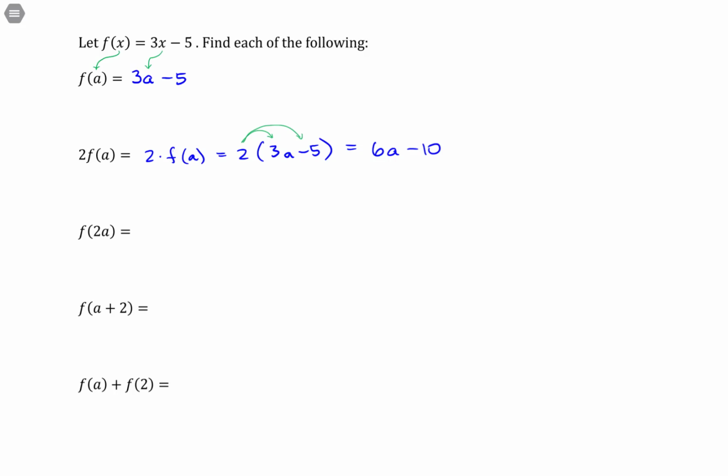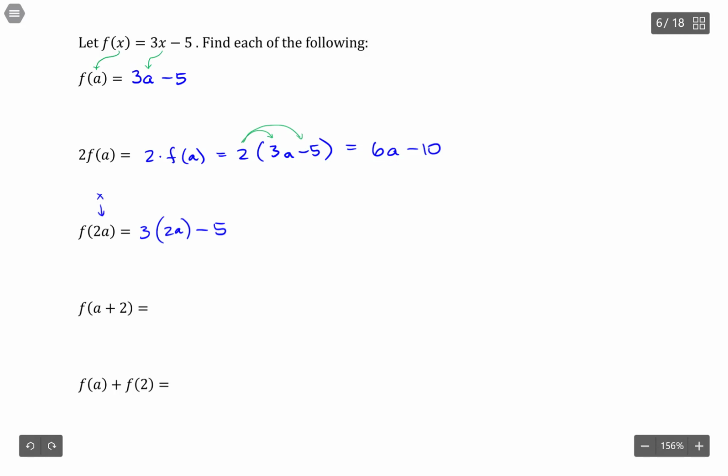Next up, f of 2a. So f of 2a, what it tells me to do is to take everything with the x and replace that x with 2 times a. So 3 times 2 times a, and it's a good idea, for just about any number you replace, to put parentheses around what you're replacing.